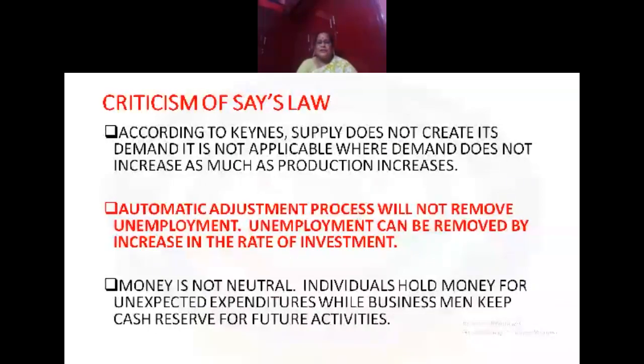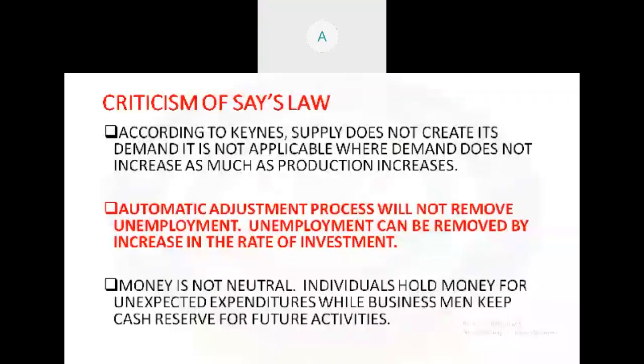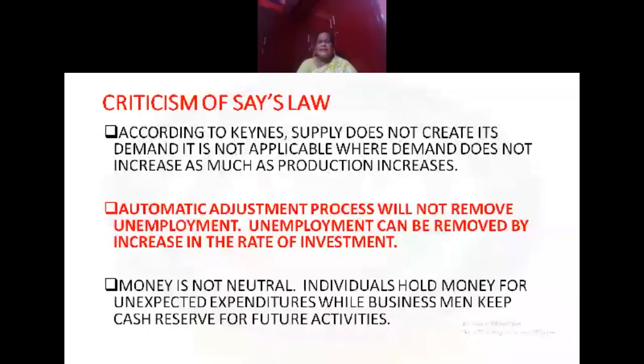Transaction motive, precautionary motive, and I am unable to hear the answer very well. Transaction motive, precautionary motive, and speculative motive. So he is bringing that speculative point in the third one.